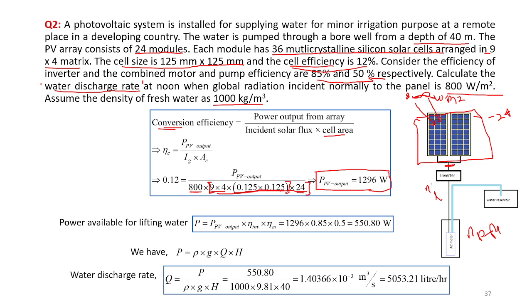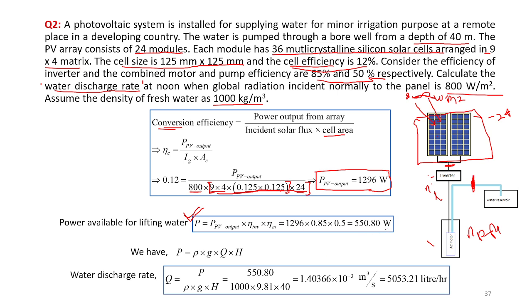The actual power available for lifting water requires considering the inefficiency of the inverter and the pump motor system. So we multiply by 85% and 50% to get the actual power available. Out of 1296 watt, due to the inefficiency of these two systems, only 550.80 watt is available for lifting the water to your water reservoir.